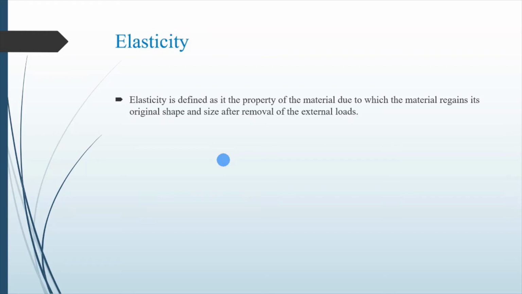That means if you apply a tensile load, it will elongate, and if you apply a compressive load, it will contract. Whenever you remove that load, the material will come back to its original size and shape. This is one of the important properties of material, due to which the material returns to its original size and shape after removal of external loads.